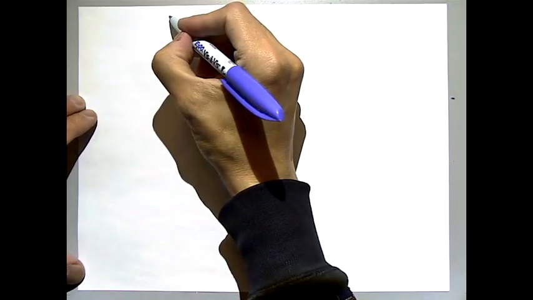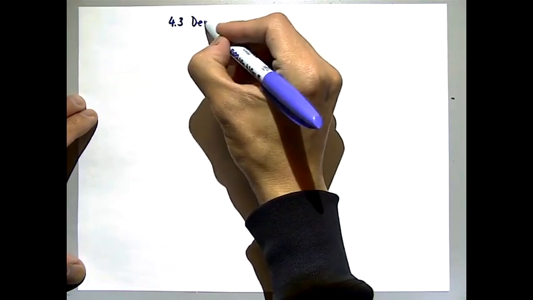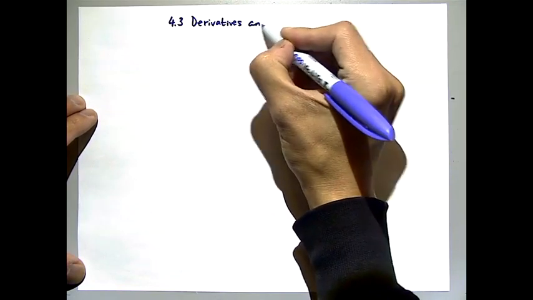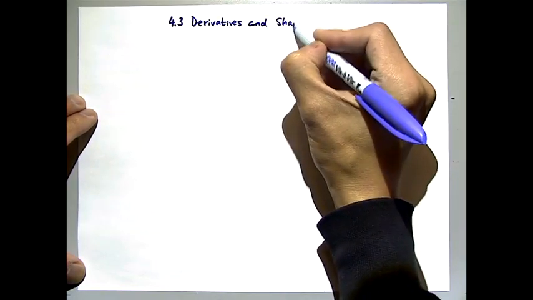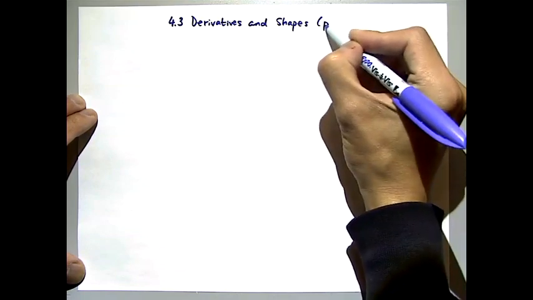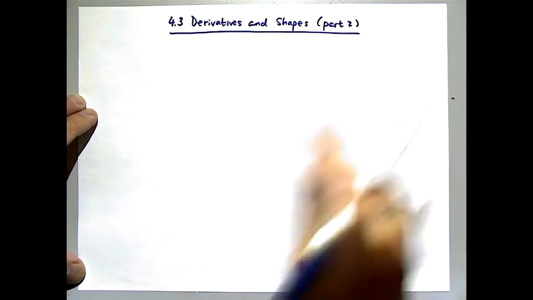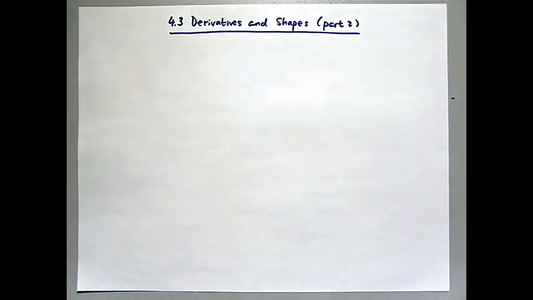All right, so today we're going to be looking at the second part of section 4.3. We're going to continue our focus on derivatives and how they affect the shapes of graphs.